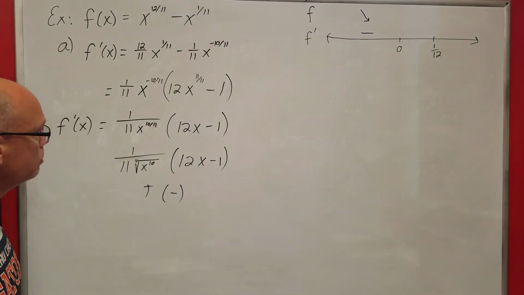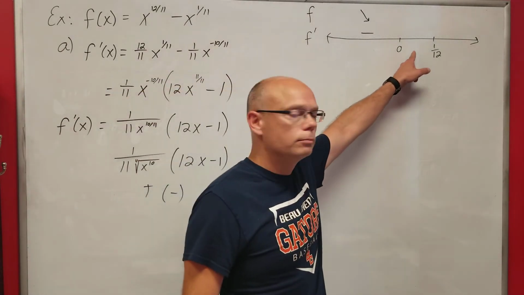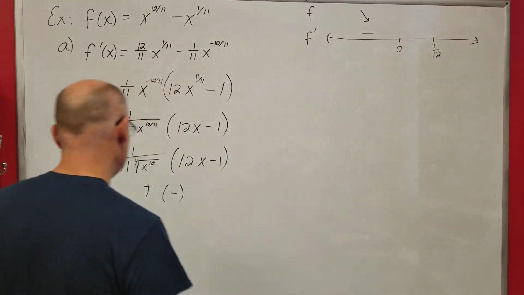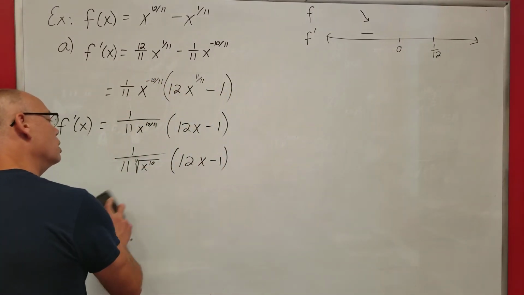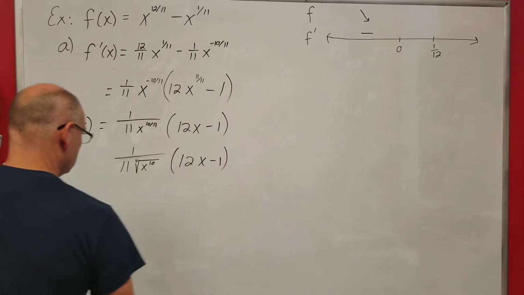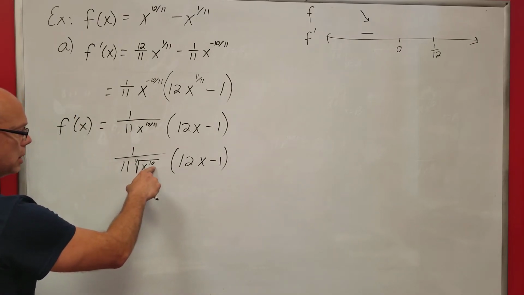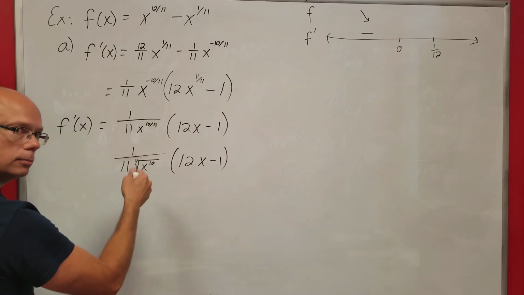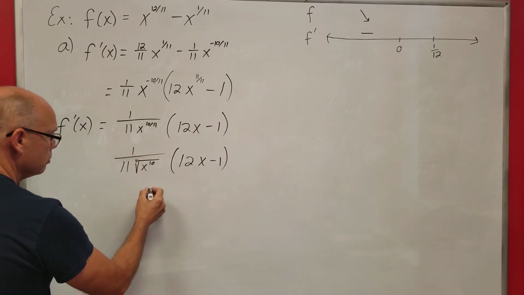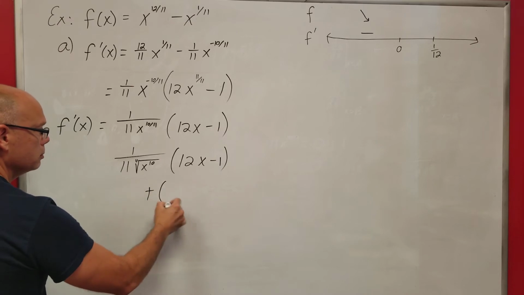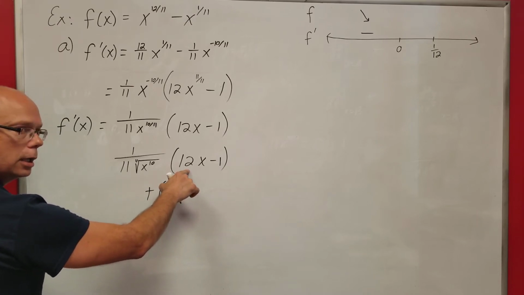How about a test value right here, 0.01? If I plug in 0.01, raise it to the 10th, multiply by 11, and take 1 over that, that'll still be a positive. How about 0.01 here?